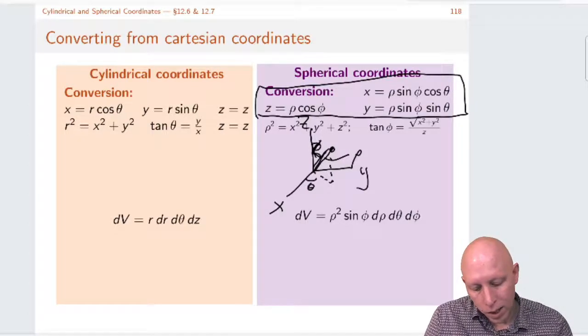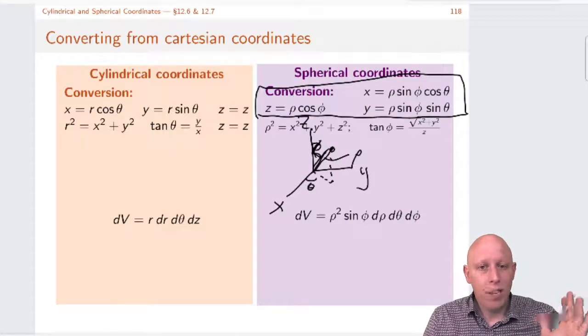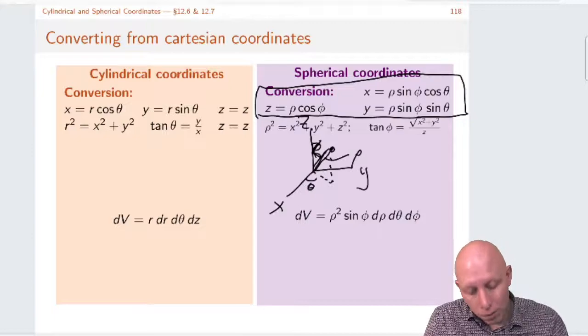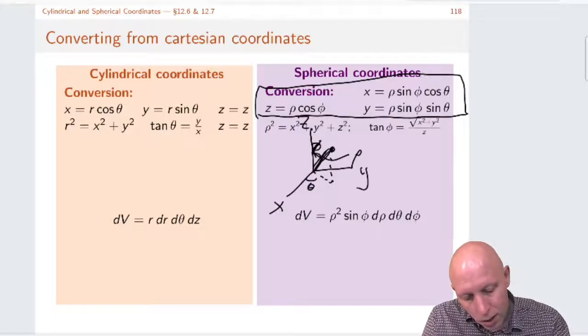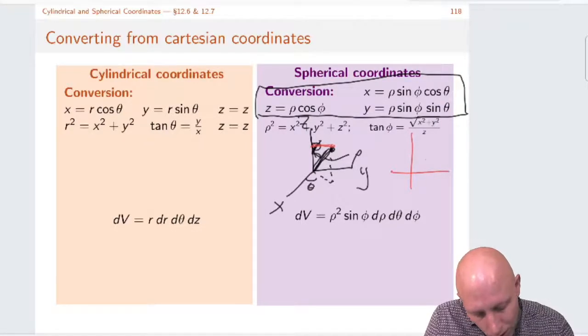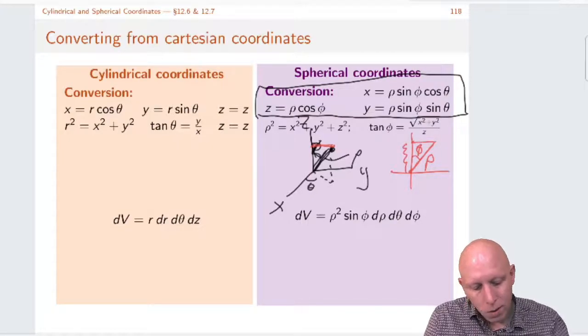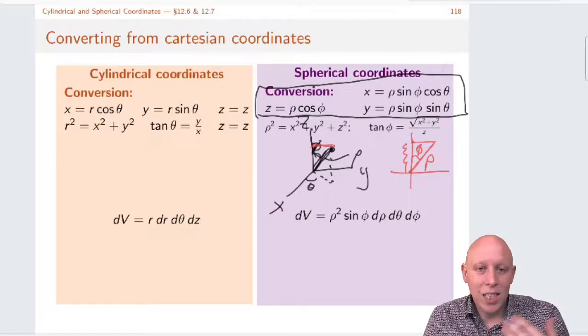So let's work on this. First, let's find what the z component of our point is. Let me use a different color here. If we draw this in the axis, where this is rho and this is phi, well, this z value is the adjacent part of this right triangle.